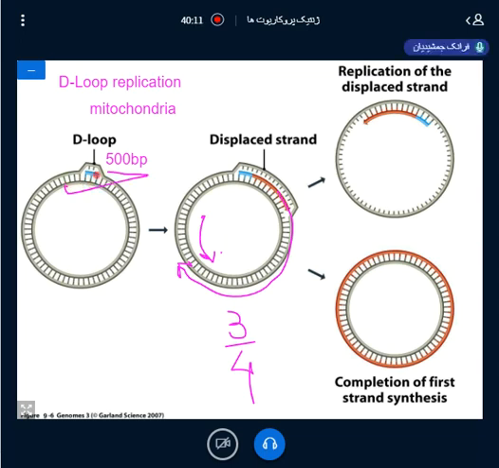One RNA primer synthesizes, the primer continues replicating, and after its length is three-fourths of the first strand, the other strand starts replicating.